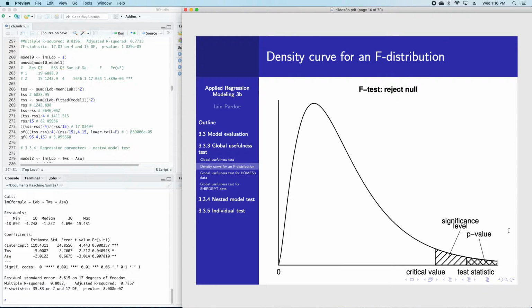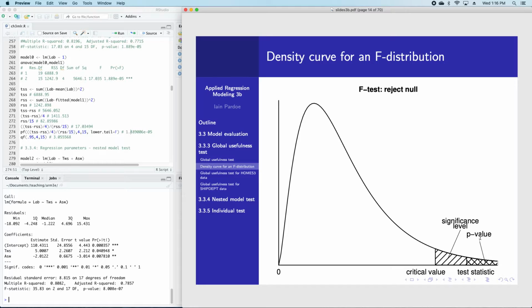So here's a picture of a density curve for an F distribution, and in this picture I've got the test statistic falling in the rejection region because the critical value is here.